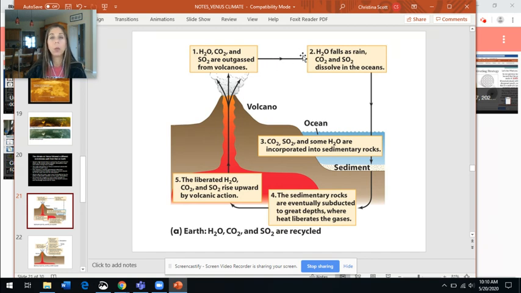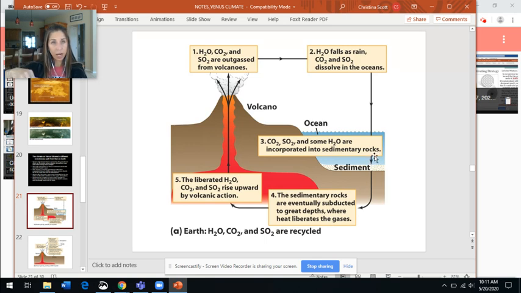And then the water vapor will cool and condense, form rain clouds through the process of condensation, and release rain, which cleans out the atmosphere, bringing down carbon dioxide and sulfur dioxide into the ocean. So it gets dissolved in there and then gets absorbed into the sediments and therefore becomes sedimentary rock as well.